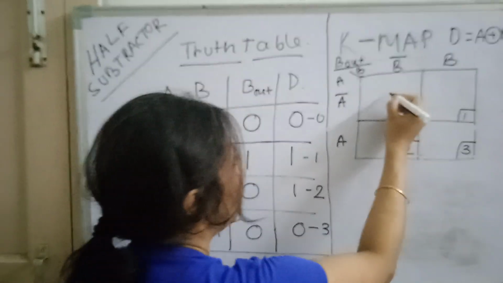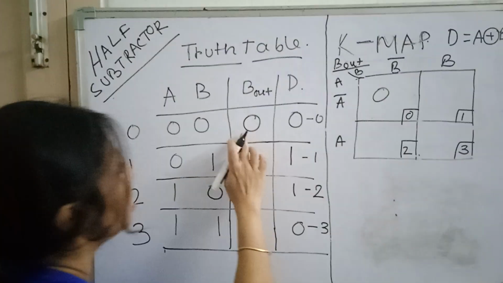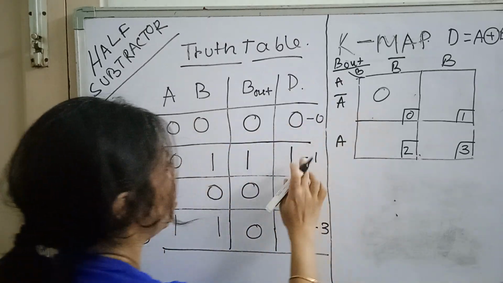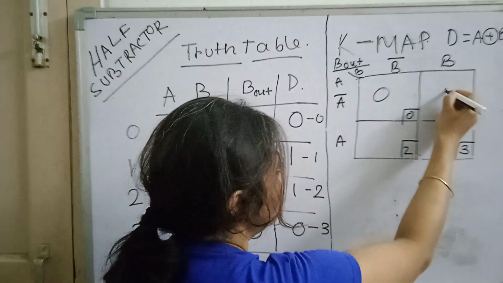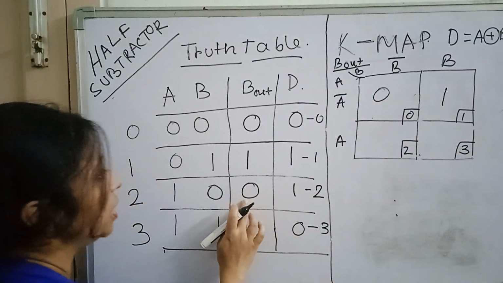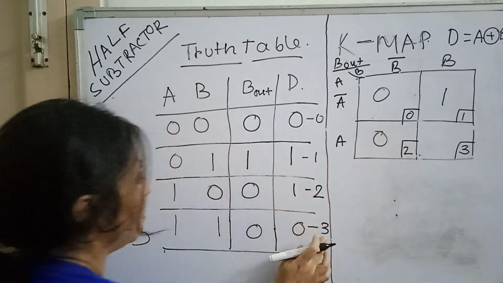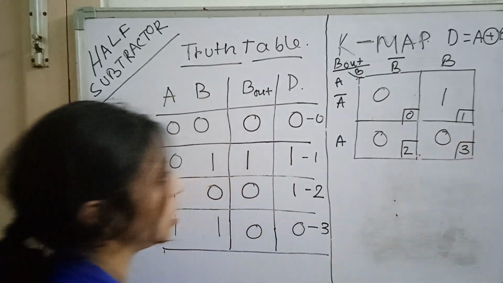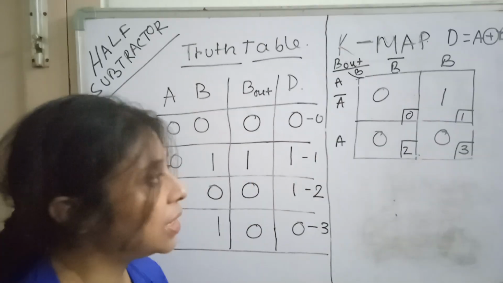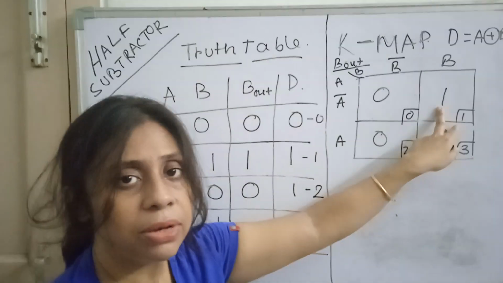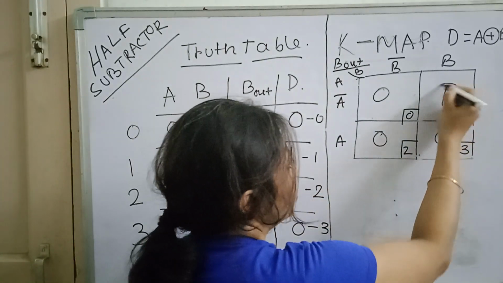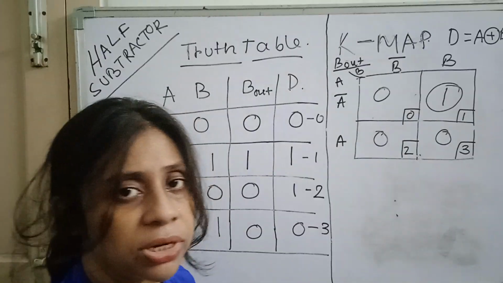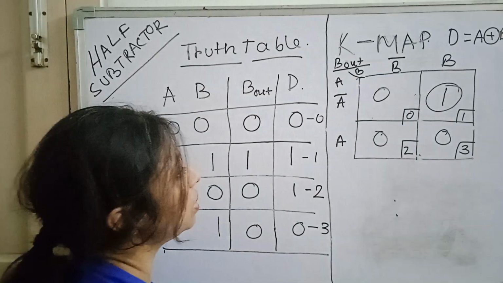Now let us put these values. Box number 0 will have this value, box number 1 will have this value, box number 2 will have this value 0, box number 3 will have this value, that is 0. So there is only one single one. We need to find out the expression for this particular one only.